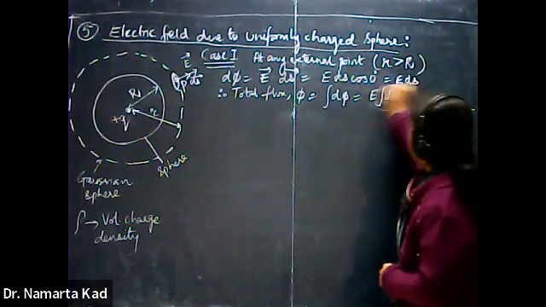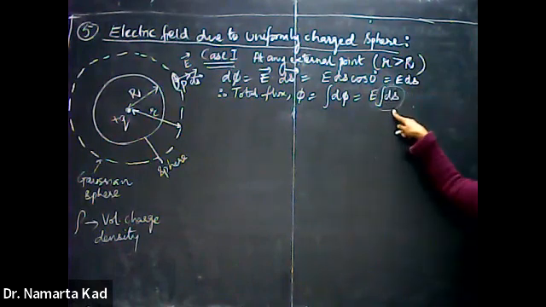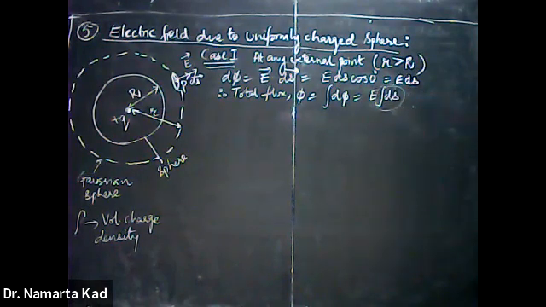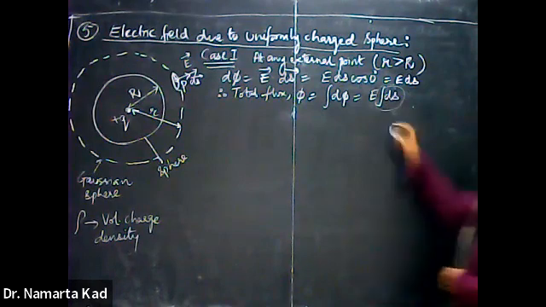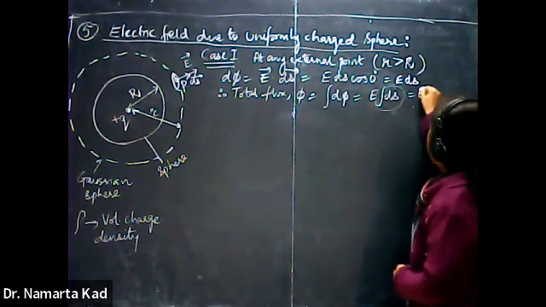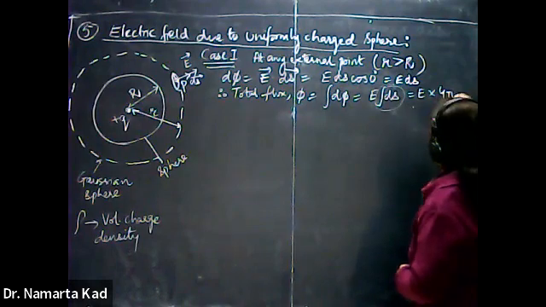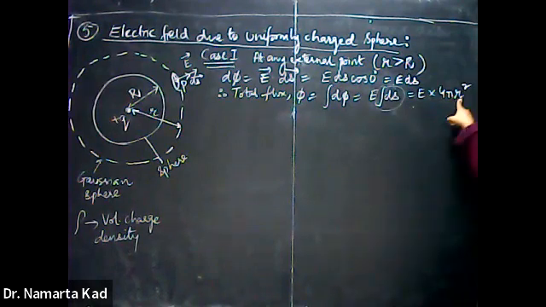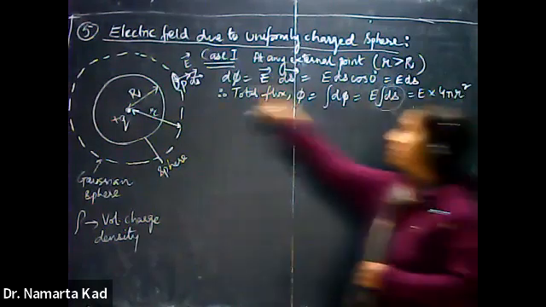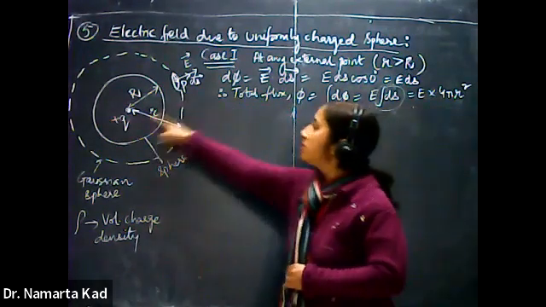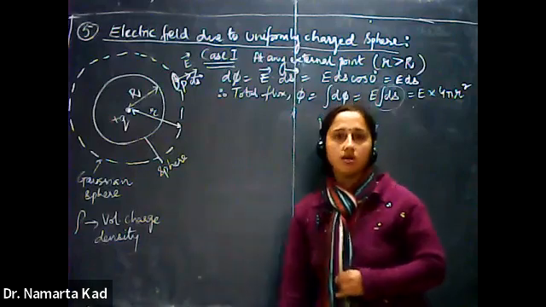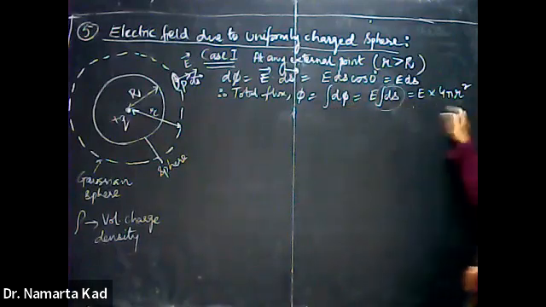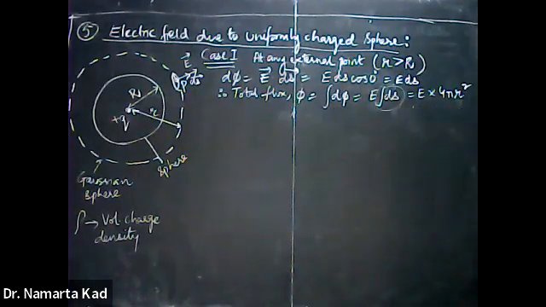This is the surface area of the sphere, and we know that it is E into 4 pi r square. Here you have to take small r because we are considering the point having radius small r. So it comes out to be E into 4 pi r square, where 4 pi r square is the surface area of the sphere.